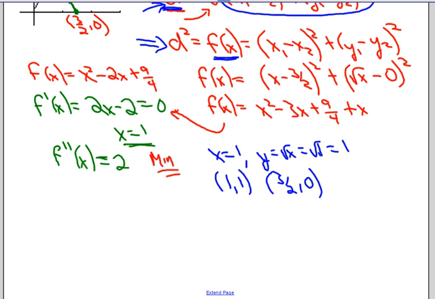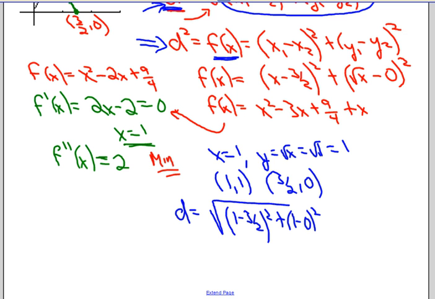And now we can just use the distance formula. So how close does the curve come? Well, it's going to be the square root. We'll subtract our x's squared. We'll subtract our y's squared. And let's see what we've got here. 1 minus 3/2 is negative 1/2. If I square it, I get 1/4. 1 squared is 1. So it looks like the square root of 5/4.